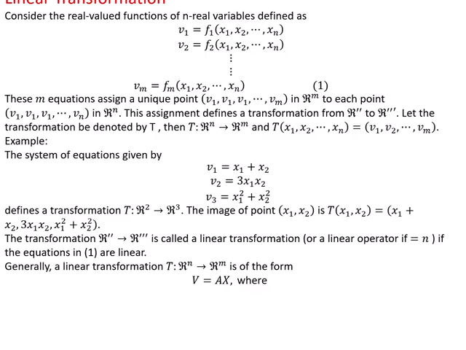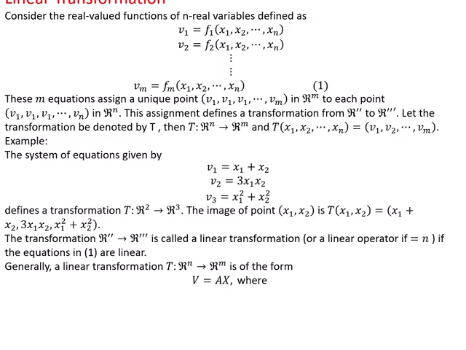The m equations assign a unique point v1, v2, v3, and so on up to vn in Rn, that is, in real numbers of dimension n. So each point v1, v2 up to vn is in Rn.